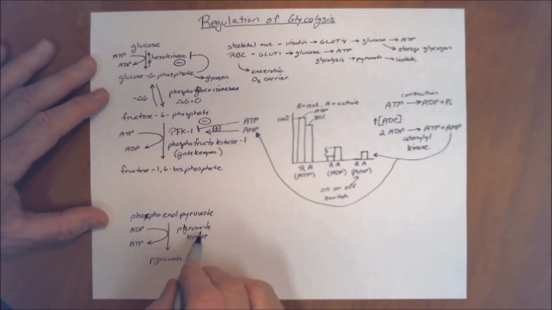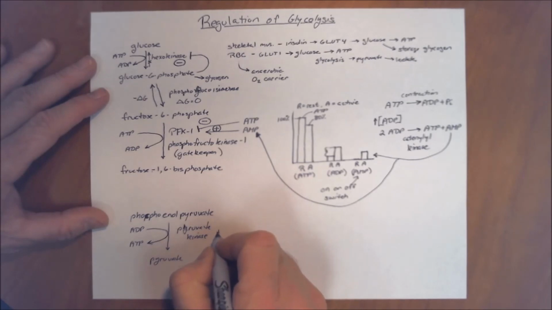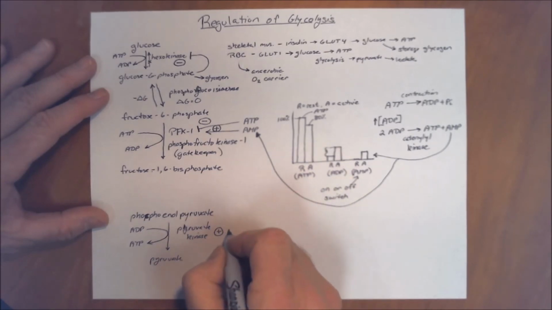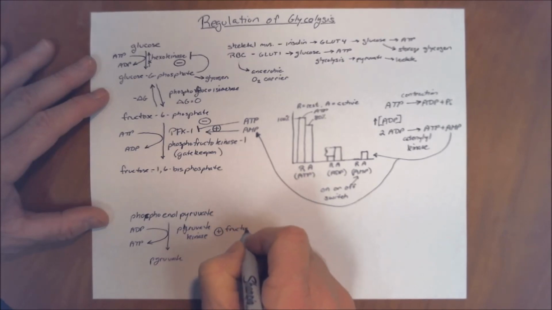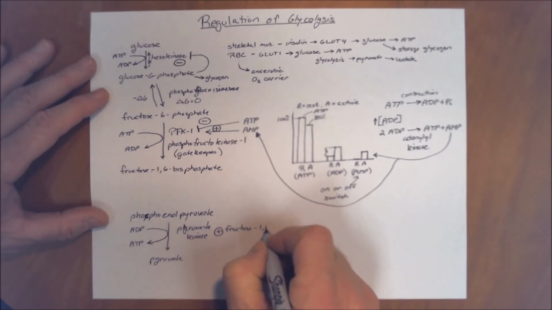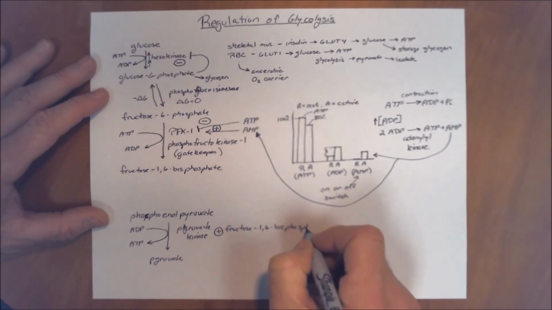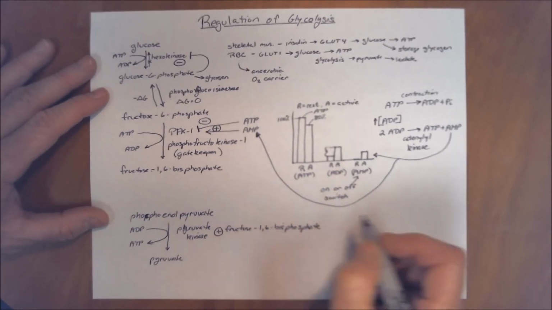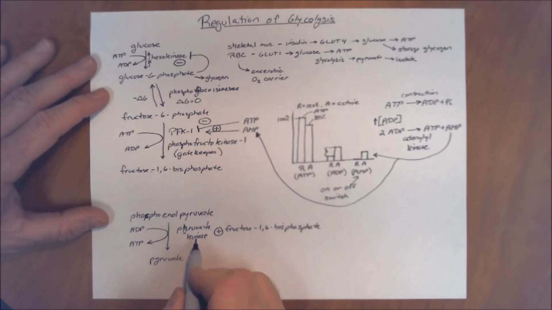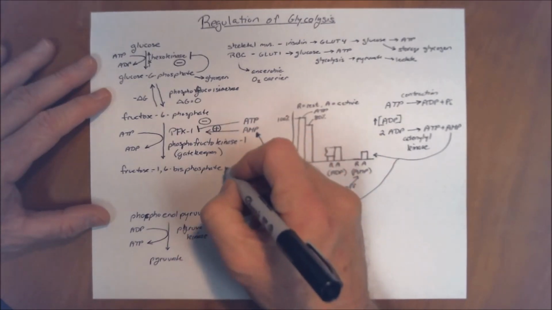And this enzyme, pyruvate kinase, is positively regulated in skeletal muscle by fructose 1,6-bisphosphate. So fructose 1,6-bisphosphate is an activator of pyruvate kinase. This is essentially a feed-forward reaction.